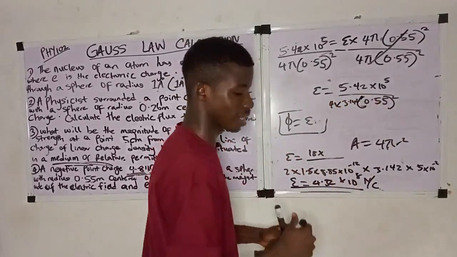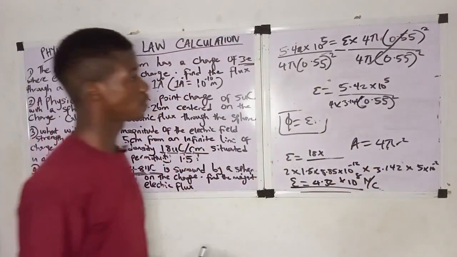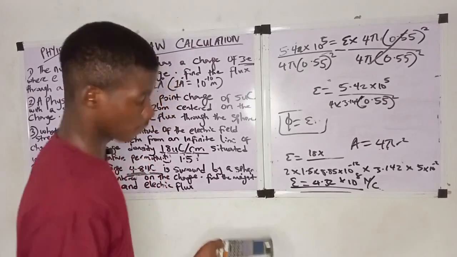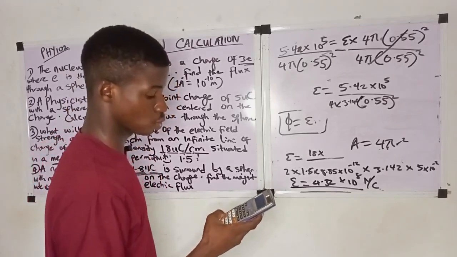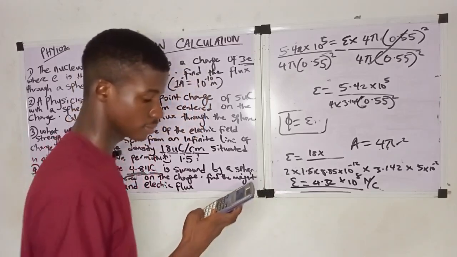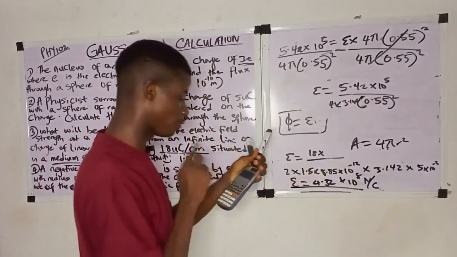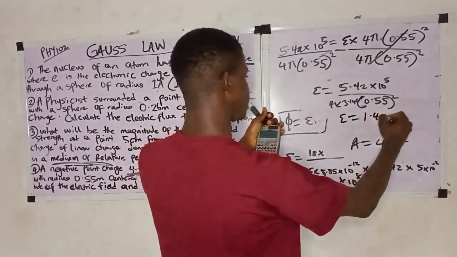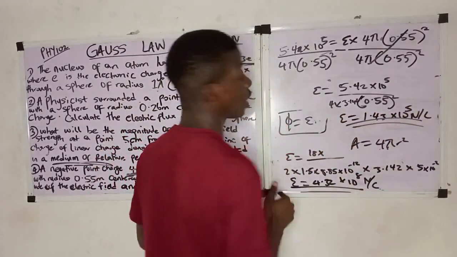Let's use our calculator: 5.42 times 10 raised to the power 5, divided by 4 times 3.142 times 0.55 squared. So the electric field is 1.43 times 10 raised to the power 5 newton per coulomb.